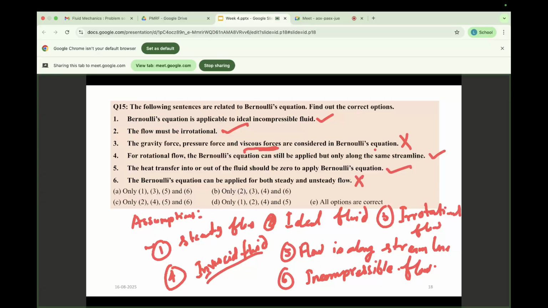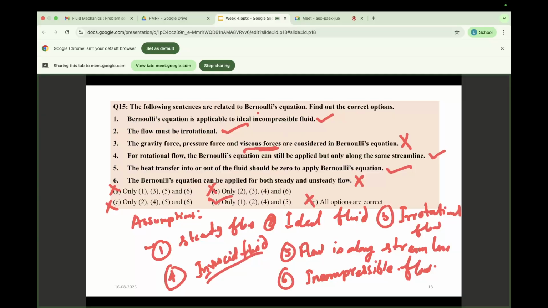So the options involving point 3 and point 6 are wrong. So option A cannot be answered, B cannot be answered, C cannot be answered. So option D is the correct option, so no need to check the rest. This is also wrong. So option D is the correct answer, and Shivam has answered it correctly.